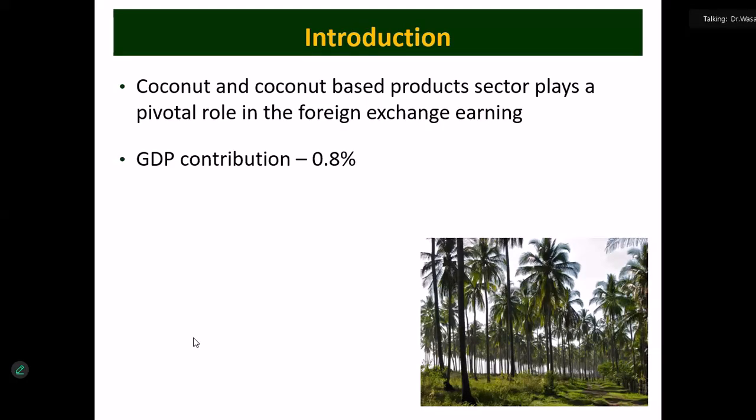So in the exam, you should explain what is the reason for such a very low GDP contribution by coconut compared to tea and rubber. I'll ask in the exam.